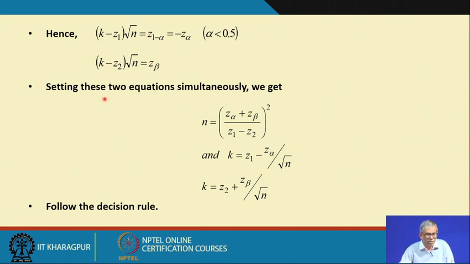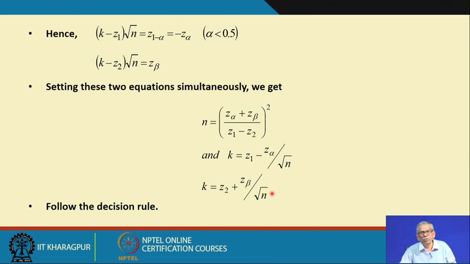Solving these two equations simultaneously, we get n equals ((Z alpha plus Z beta) by (Z1 minus Z2)) squared, and k equals (Z1 minus Z alpha) divided by root n. Another expression for k is (Z2 plus Z beta) by root n.